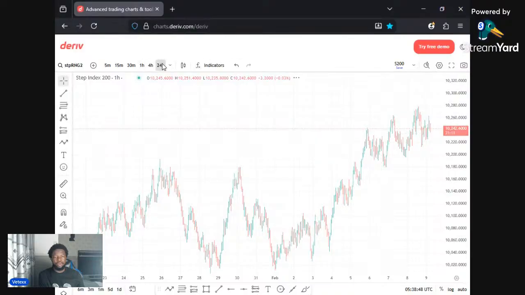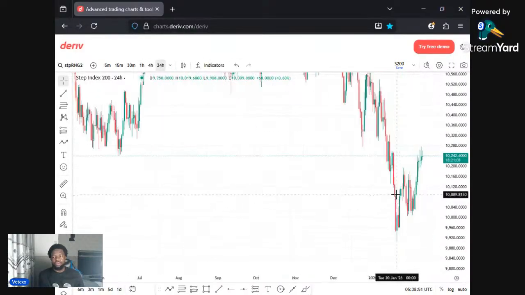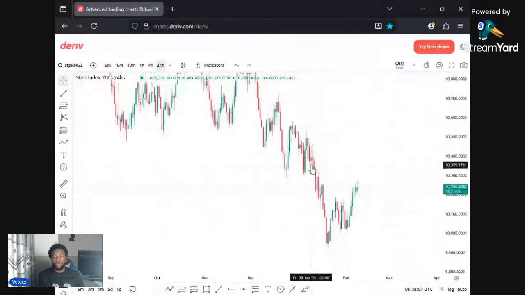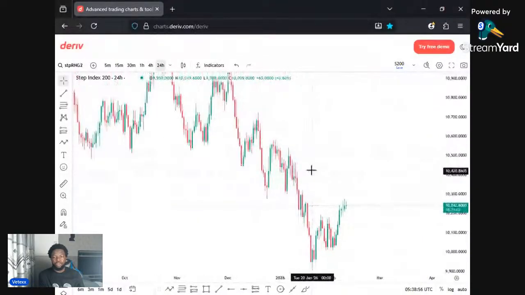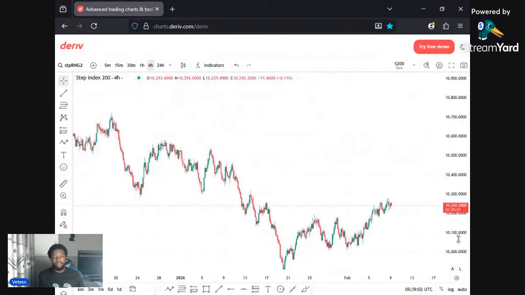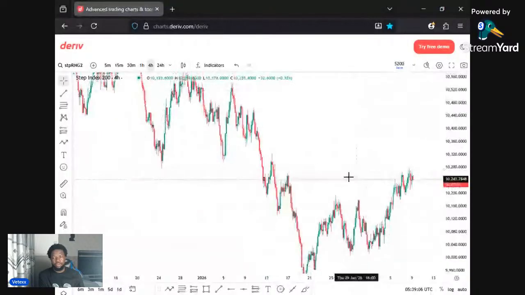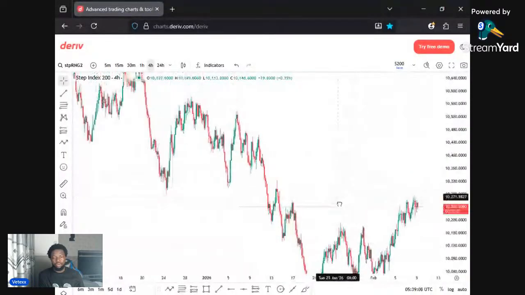Starting from the 24-hour time frame, where is it coming from and where is it going to? In the 24-hour time frame, we don't know where price is coming from yet and where it's going to at the moment. So let's check the 4-hour time frame and see if we have any recent point of interest that we'll be anticipating for price to tap into and continue the move in the opposite direction.